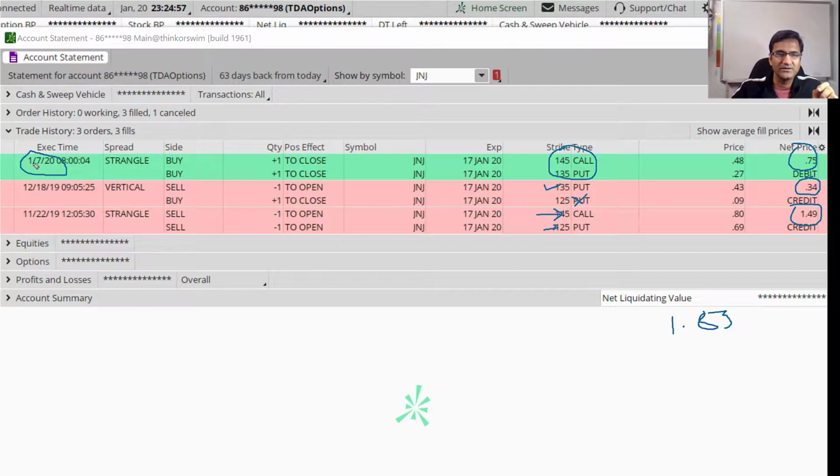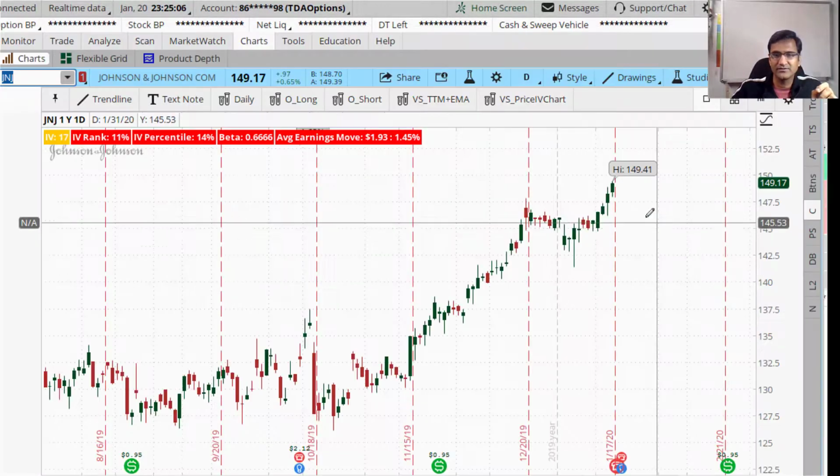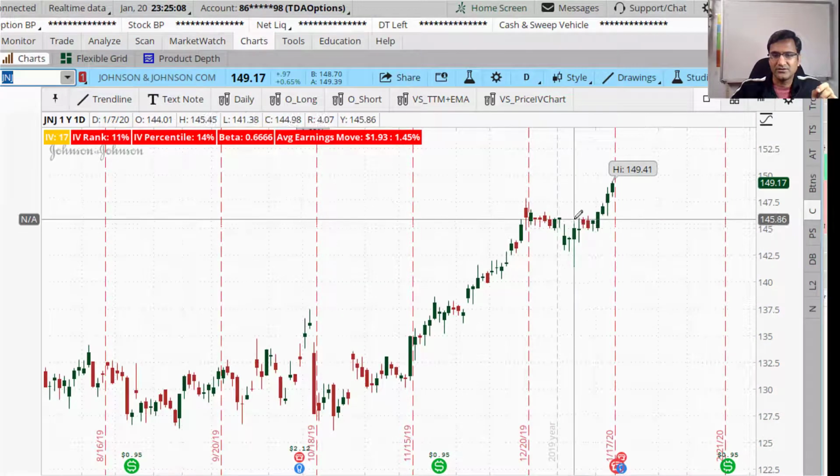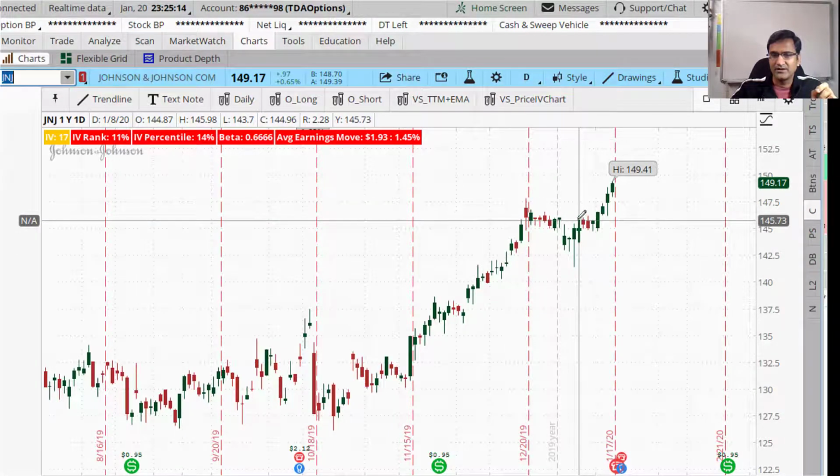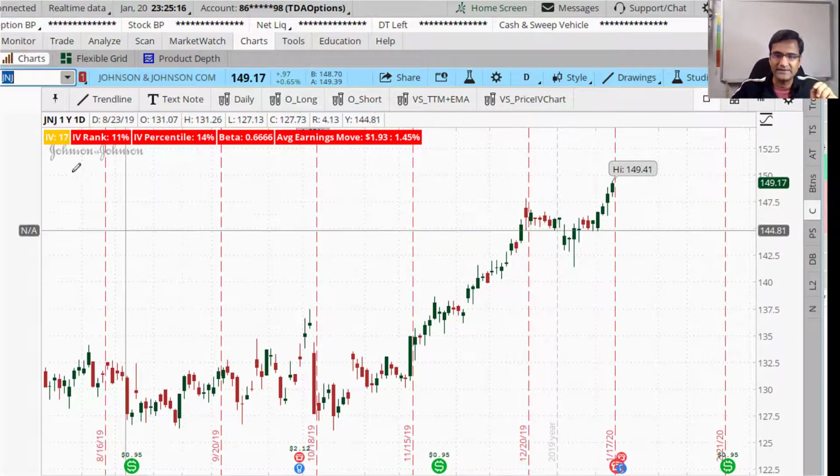We closed it on 7th of January, and the stock was trading at around 146.